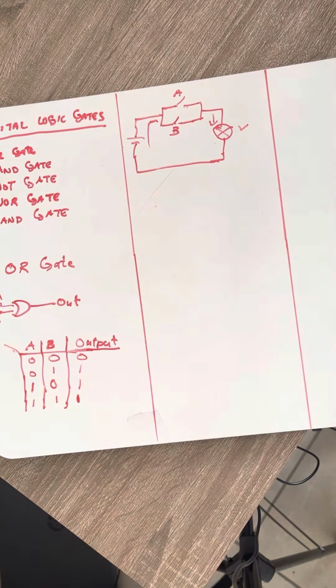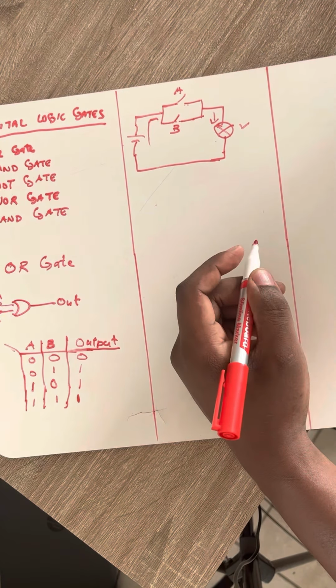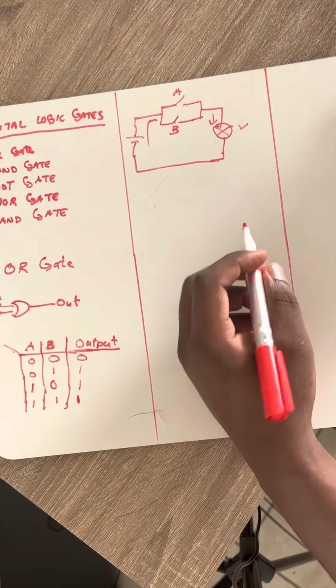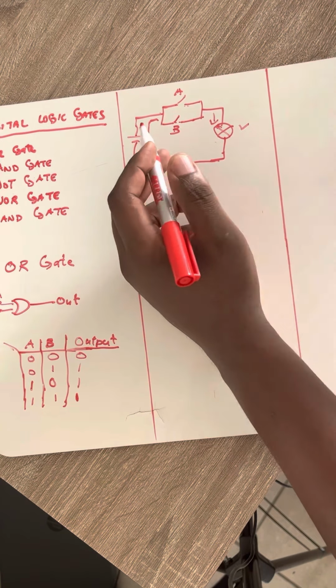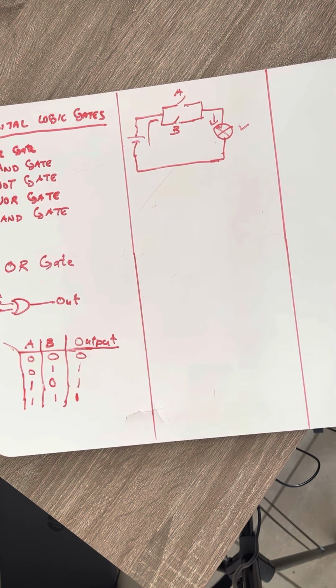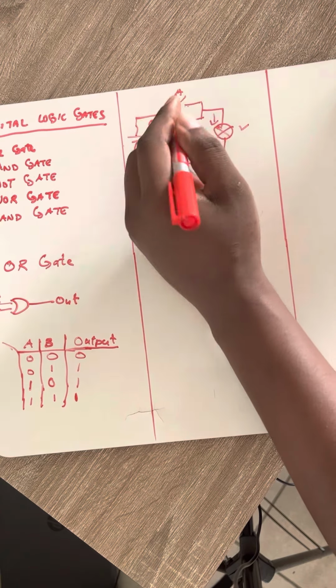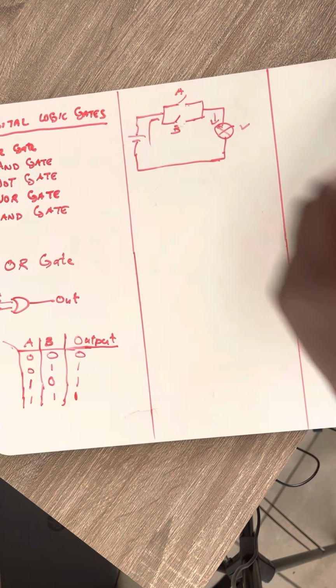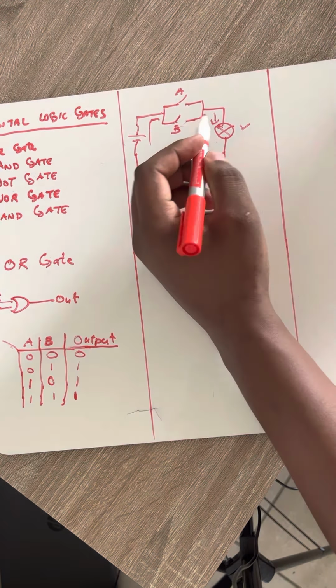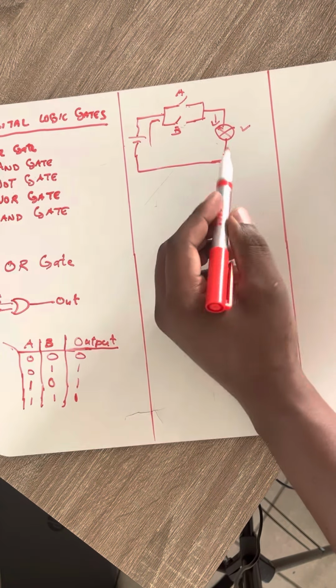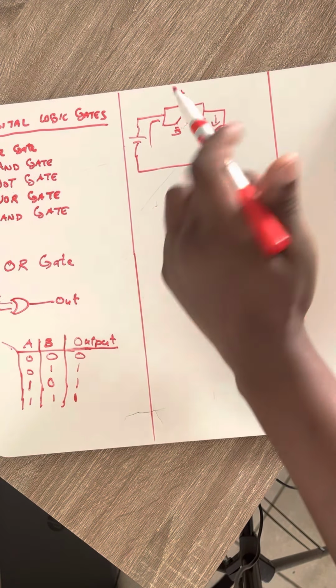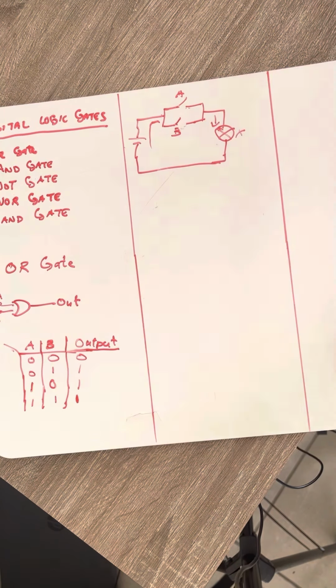The output will always be true as long as one of the inputs is closed, one of the switches is closed. So the only time we don't have an output of 1 is when both switches are open. When both switches are open, the bulb is not going to be on, right? So that's the basic fundamental of an OR gate.